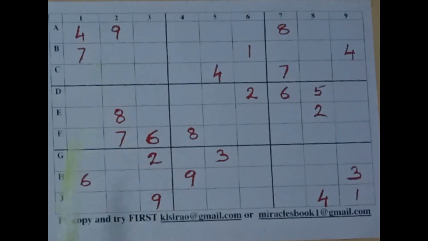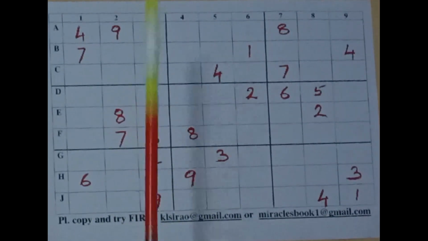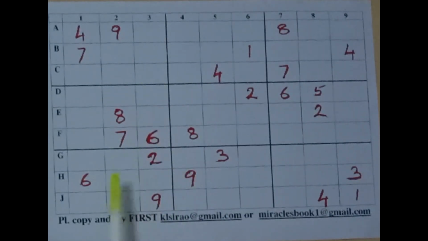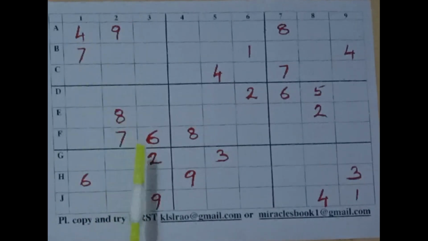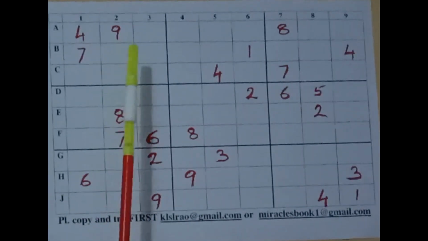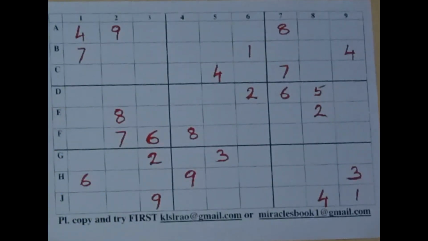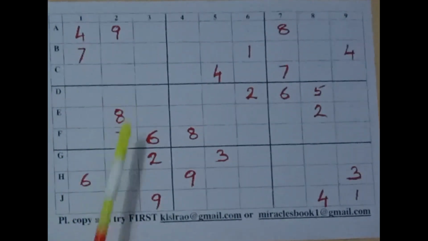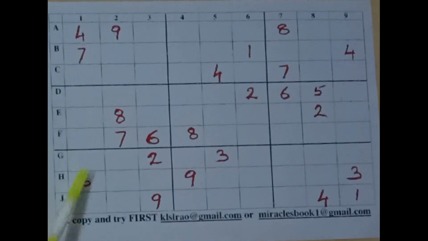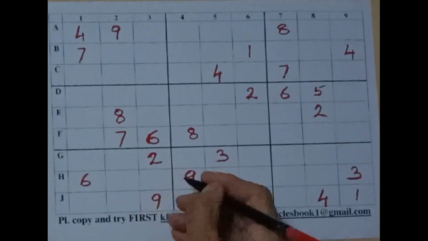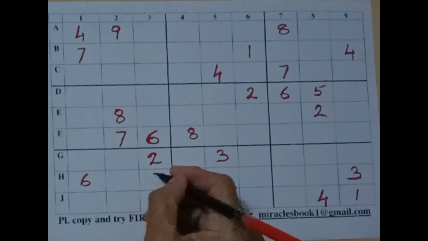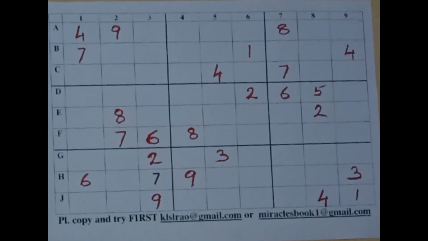Here you can see 1 is missing, 2 occurs just once, 3 is missing, 4 occurs just once, 5 is missing, 6 occurs 2 times here and here, but we do not know whether to fix the next 6 here or here, so let's leave it. But then come to number 7. We have a 7 here, we have a 7 here, so we can confirm our next 7 here.